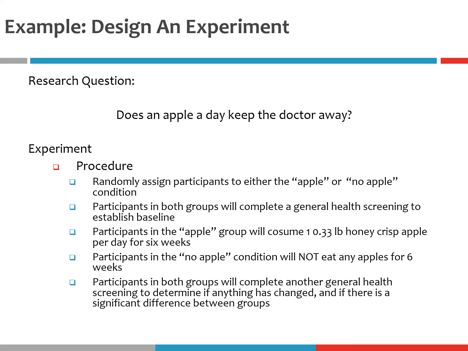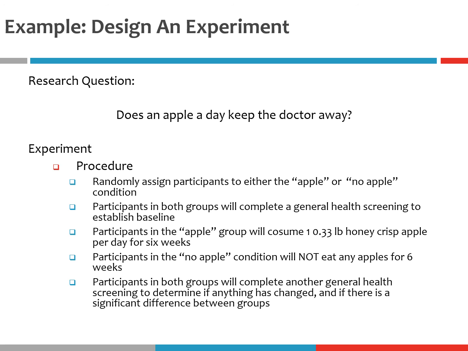Okay, and then participants in both groups complete another general health screening to determine if anything has changed and if there is a significant difference between groups, right? So if we were defining our dependent variable as general health outcomes, right, we would want to compare our baseline measurement to our end of 6 week final measurements, right?